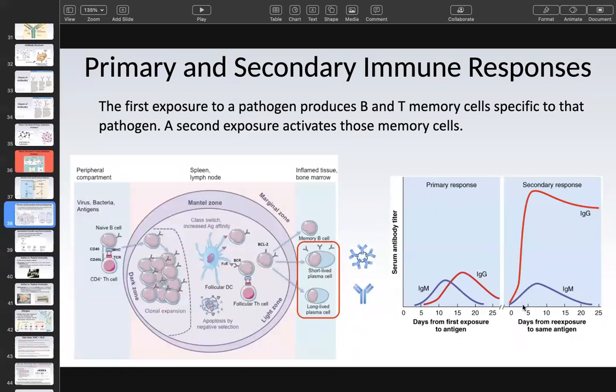If after, let's say, 2 years, the same pathogen was seen or detected by the human body, then the secondary response will initiate IgG antibody production first, because we've had memory cells that were produced after the primary response that were ready to make these antibodies specific to the pathogen so that we can take care of the infection faster and more efficiently.